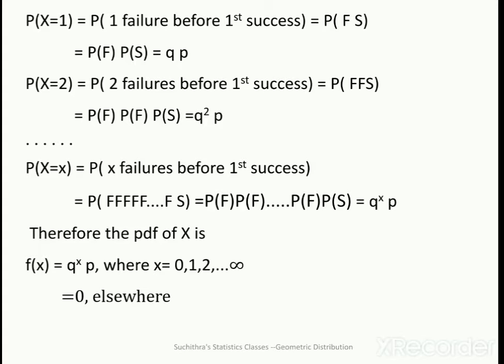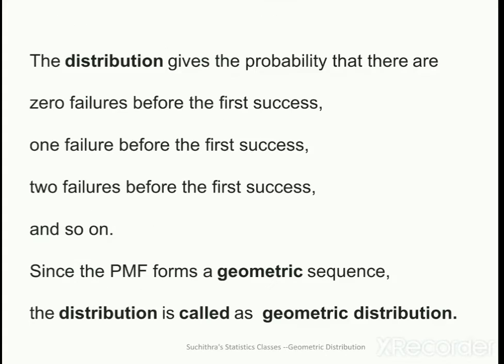Therefore, the PMF of X is f(x) equal to q raised to x times p, where x takes the values 0, 1 to infinity, and equal to 0 elsewhere. The distribution gives the probability that there are 0 failures before the first success, the probability that there is 1 failure before the first success, the probability there are 2 failures before the first success, and so on.